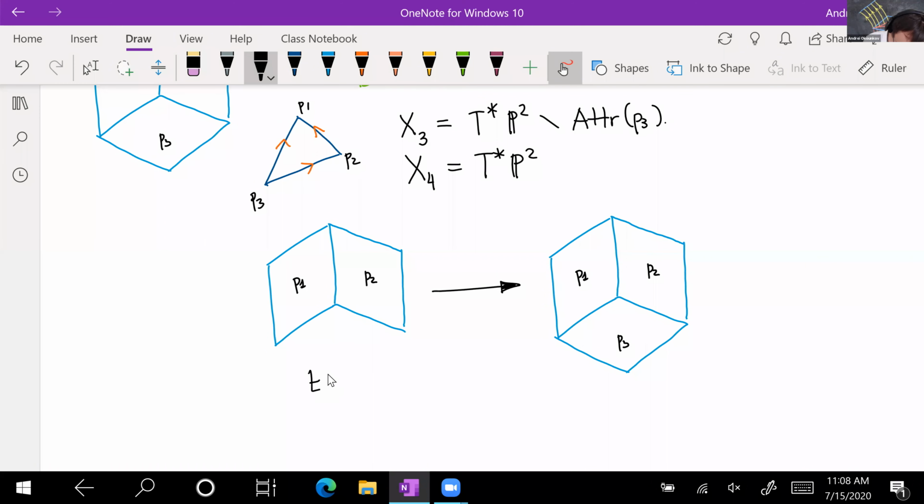This is the elliptic homology of X3, there's one more torus direction, but let's just do this. So this is X3 being included in the elliptic homology of X4. Okay.